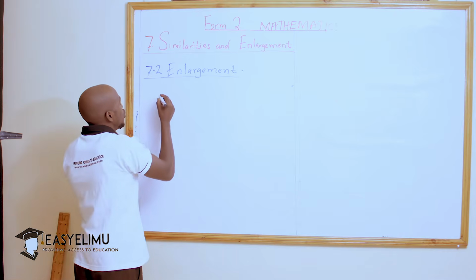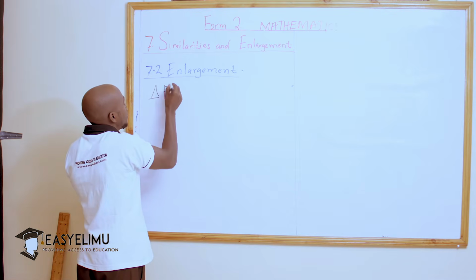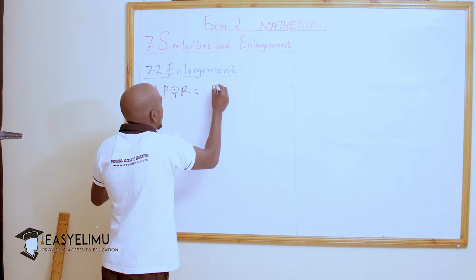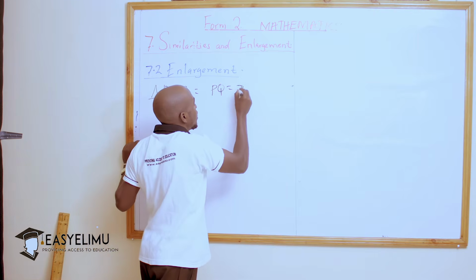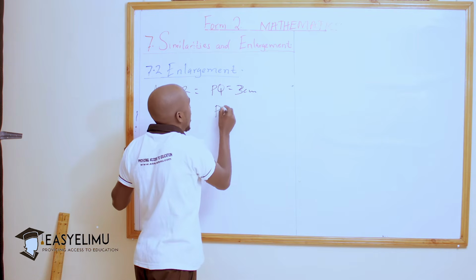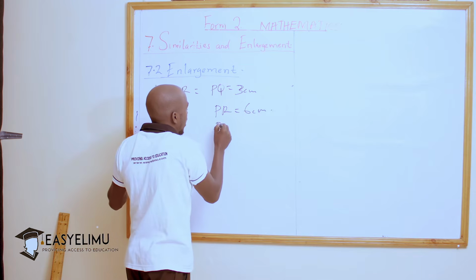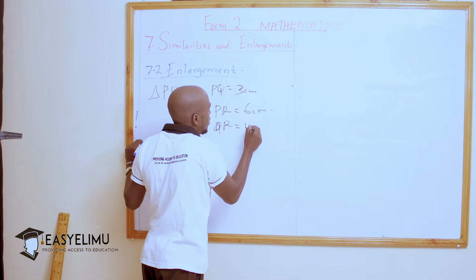For example, you may be given triangle PQR, whereby PQ is equal to 3 centimeters, PR maybe 6 centimeters, and QR is 4 centimeters.